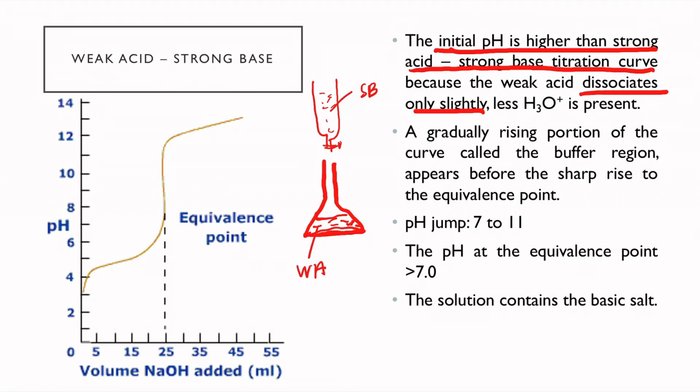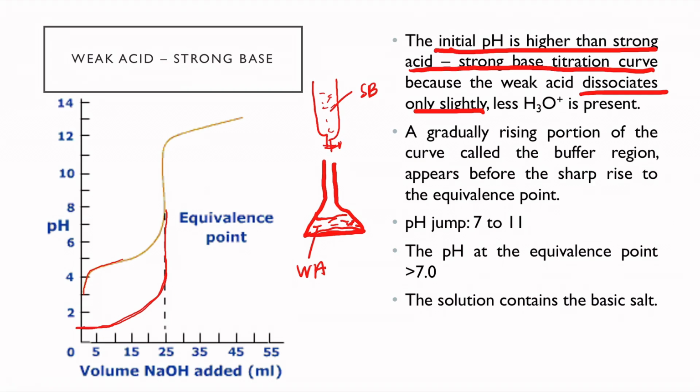So contoh tadi awak punya strong acid tu dia macam ni, lepas tu dia naik straight macam tu. Dia start from a lower pH because it has higher acid concentration. So for weak acid, since your acid dissociates only slightly, ionized partially, then you start with a higher pH.